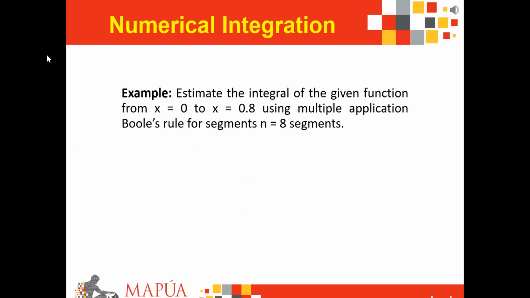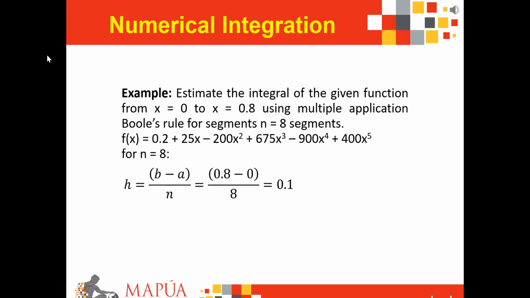If we then try to estimate using a multiple application Boole's rule for the next possible segment count, which is n equal to 8, our computed step size would be 0.1.